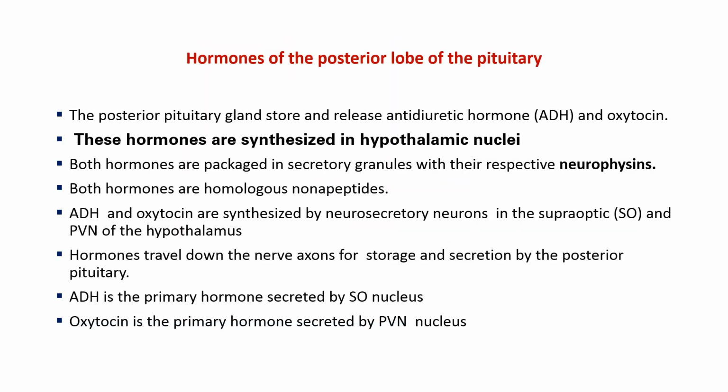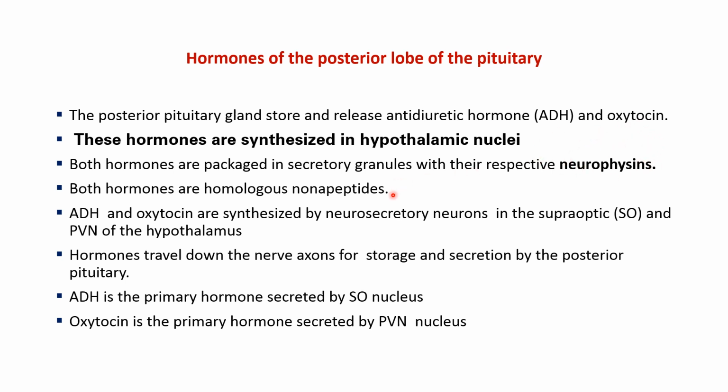Now, it's summarized here. The posterior pituitary stores and releases antidiuretic hormone and oxytocin. You want to remember that the hormones are synthesized in hypothalamic nuclei. After they are synthesized, they are bagged in secretory granules with their respective neurophysins. They are prohormones then.